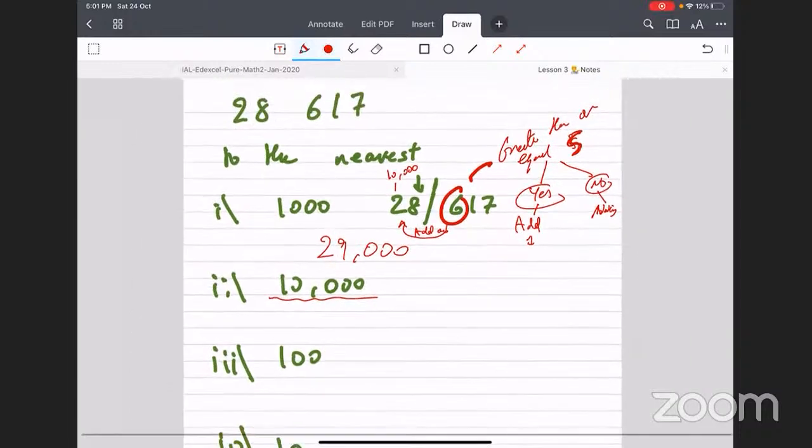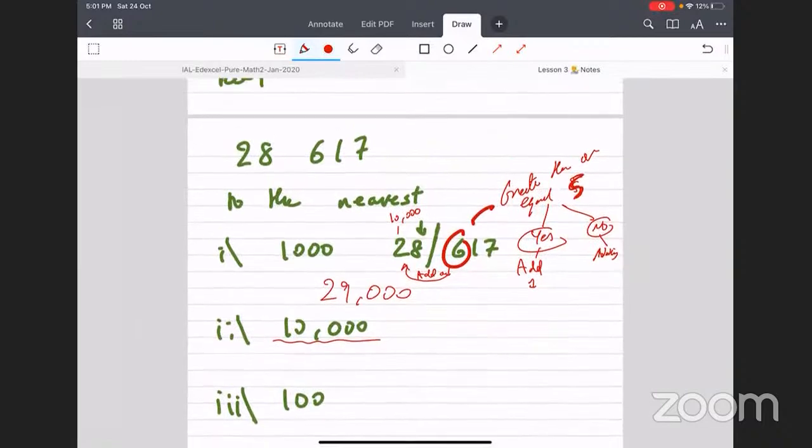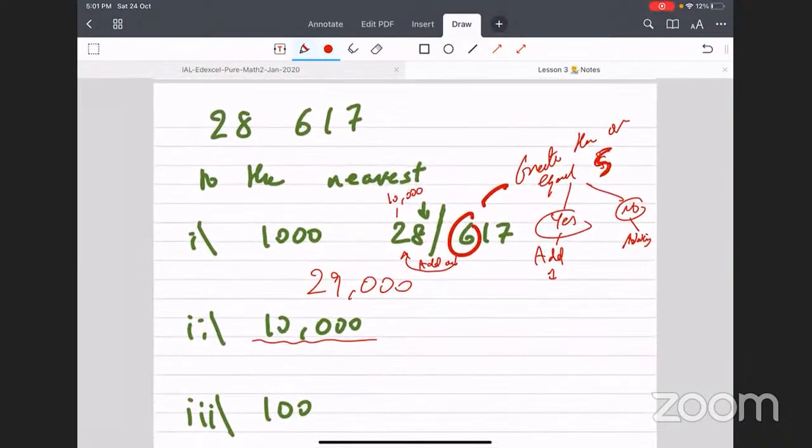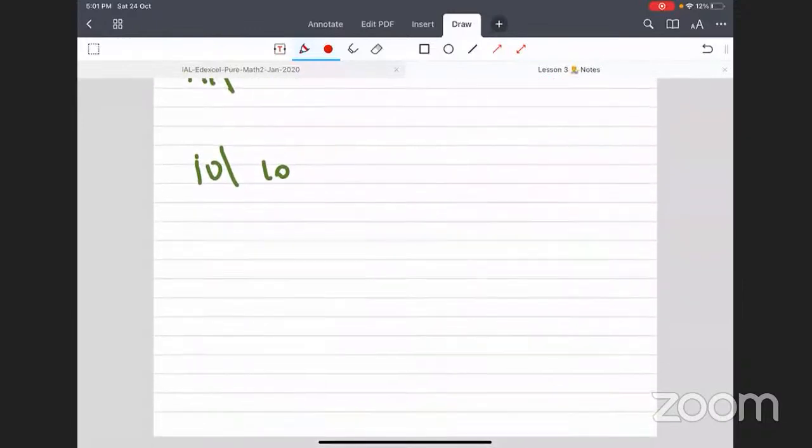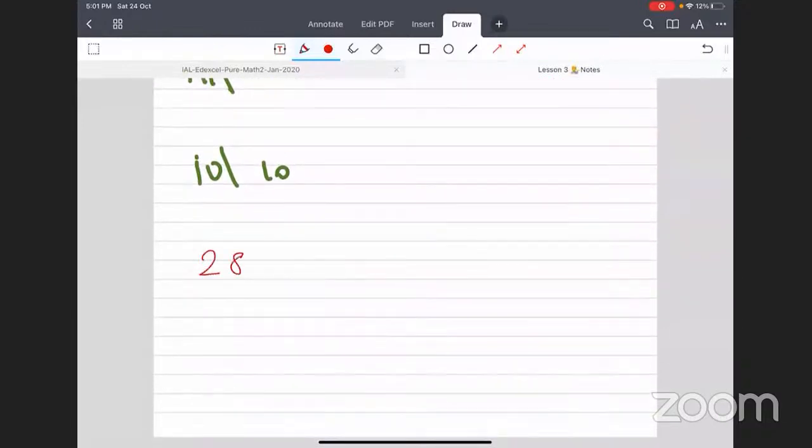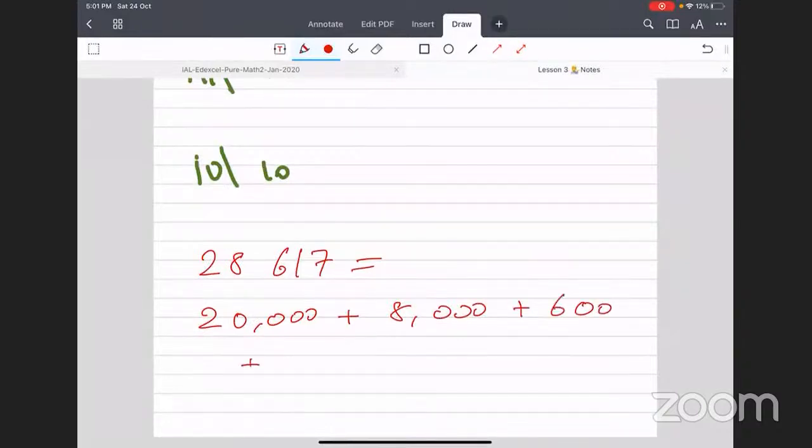Let's explain what I mean by the nearest 10,000. 28,617 is equal to 20,000, right? Plus 8,000 plus 600 plus 10 plus 7. Am I correct?